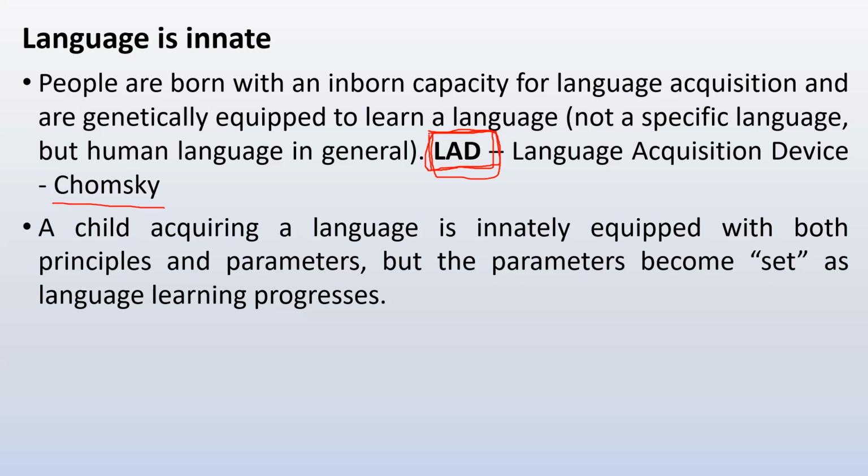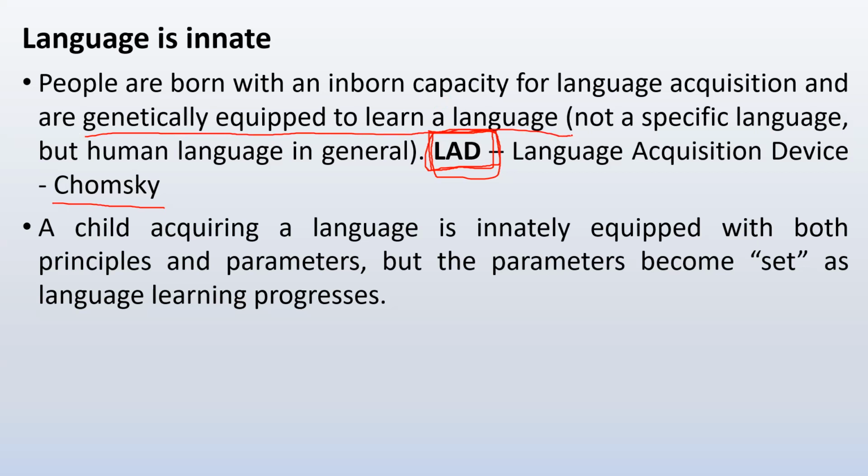So any person can acquire language. Any person is genetically equipped. That is the point here. People are born with an inborn capacity for language acquisition and are genetically equipped to learn a language.